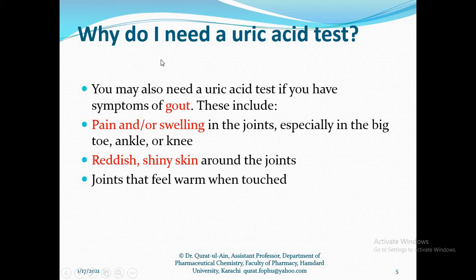These are all indications that a person may have a higher concentration of uric acid in their body fluid, and due to this they may be suffering from gout or other symptoms.